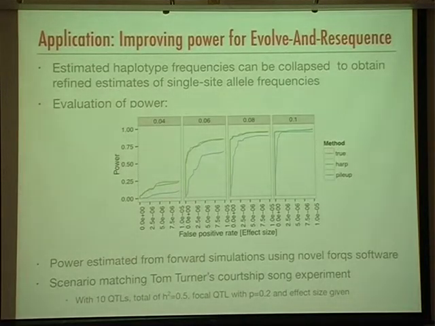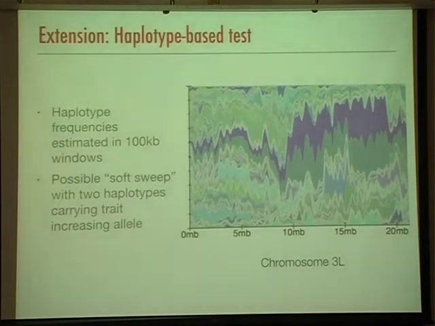Okay, so there are parameter regimes where this really can help in terms of detecting sites that might have weak effect sizes. We're quite happy with that, but one might also ask, can you do better by looking at the haplotypic patterns?